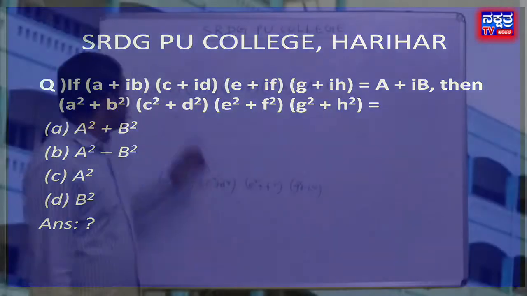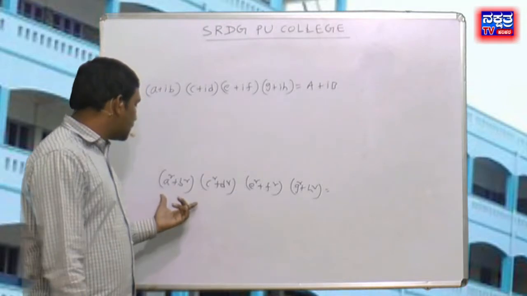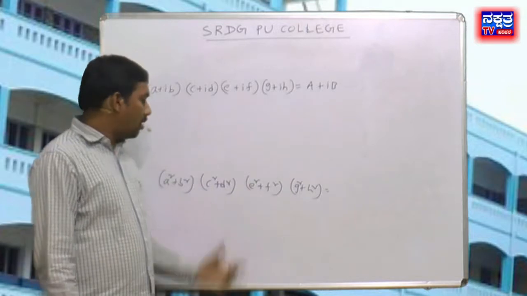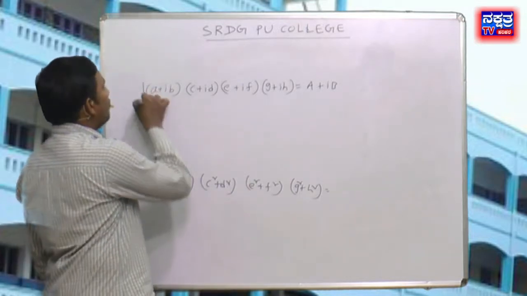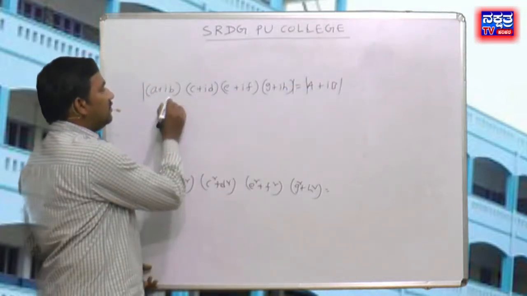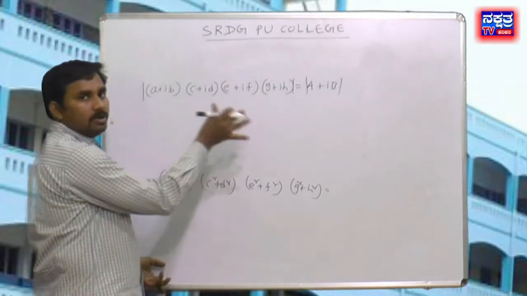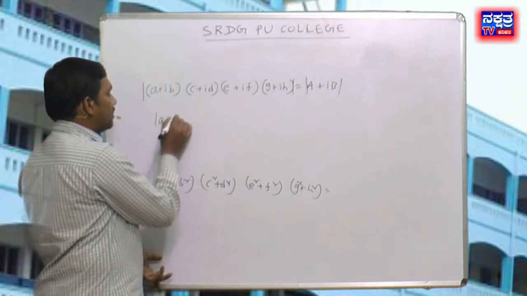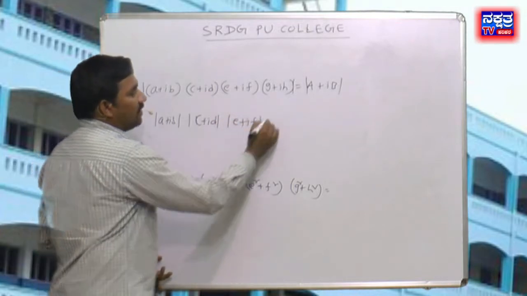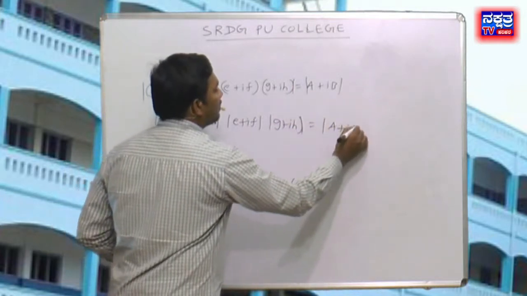See students, here (a plus ib) into (c plus id) into (e plus if) into (g plus ih) equal to A plus iB. Then he is asking for (a square plus b square) into (c square plus d square) into (e square plus f square) into (g square plus h square). Now to get this term, we have to apply modulus on both sides of the equality. Then it is z1, z2, z3, z4. Mod of z1 into z2 equal to mod z1 into mod z2. Then mod of (a plus ib) into mod of (c plus id) into mod of (e plus if) into mod of (g plus ih) equal to mod of (A plus iB).